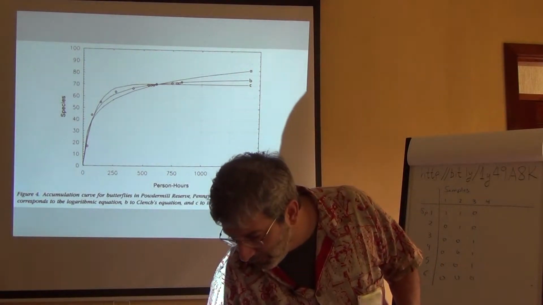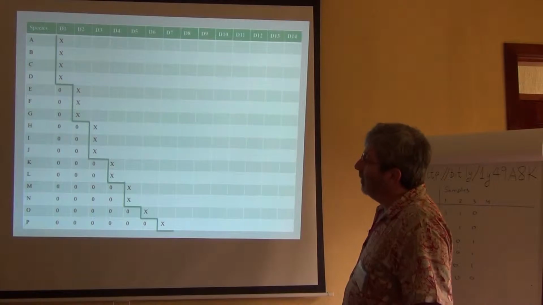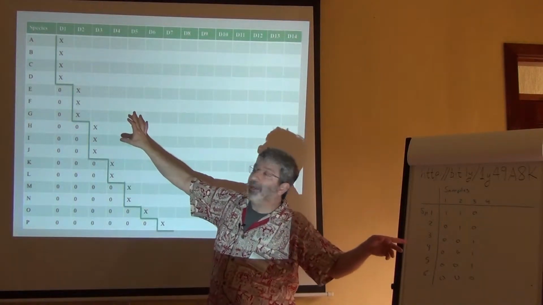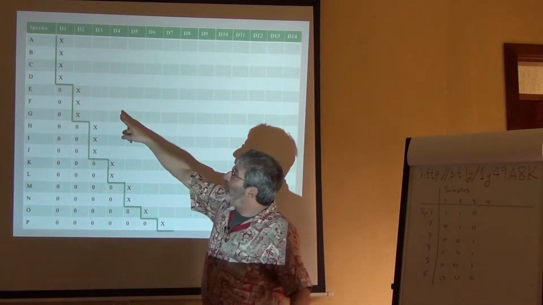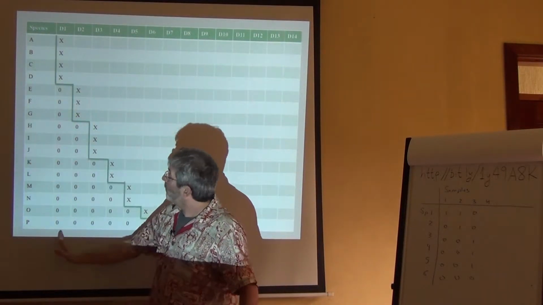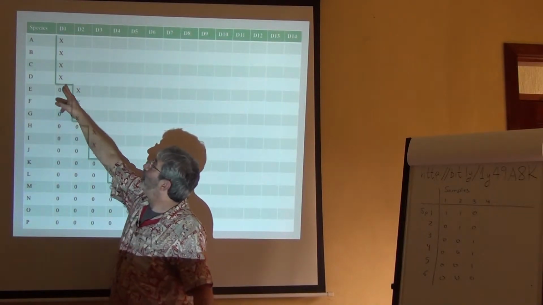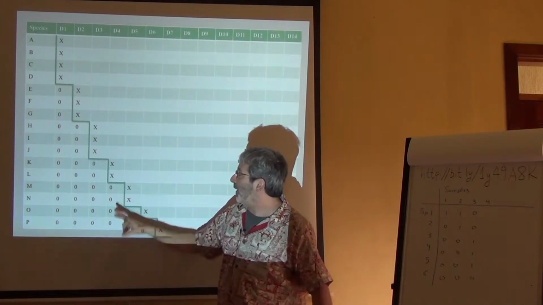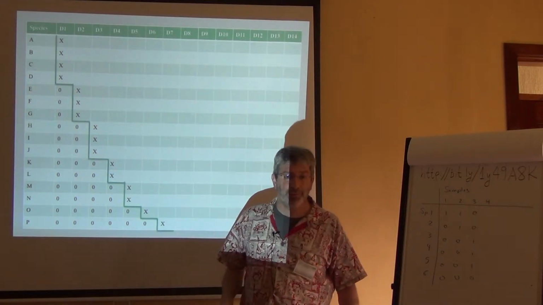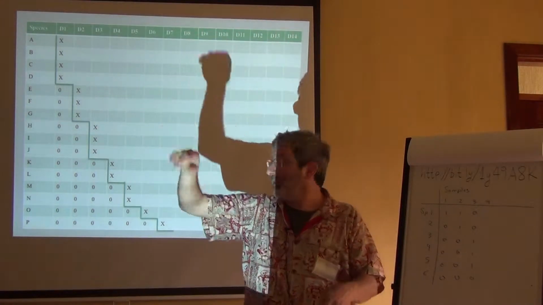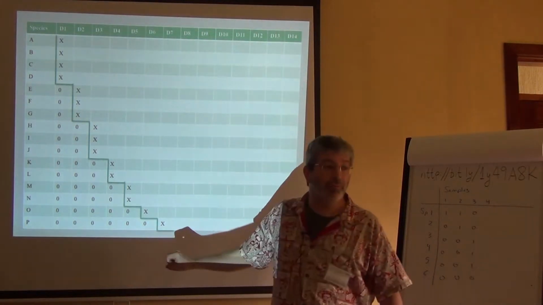And then particularly unfortunately, notice that this is the same kind of matrix, but all they care about is this left edge. The first day or the first sample, they got 4 species. The second day they got 3, the third they got 3, then 2, then 2, then 2, then 1, then 1. Right? And so my curve is going like this because each day I'm finding fewer and fewer species.